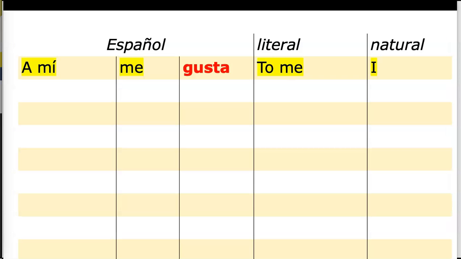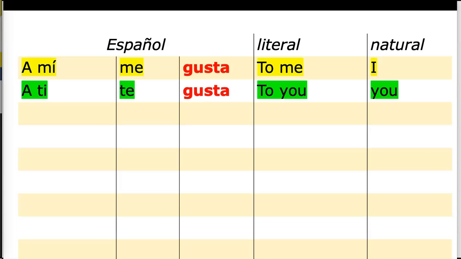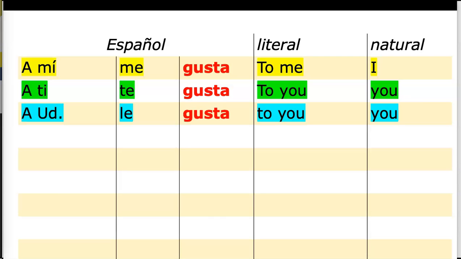Now let's look at the optional extra indirect objects. So a mí me gusta literally translates to me, or in a natural sentence, I like. A ti te gusta literally is to you or you like.